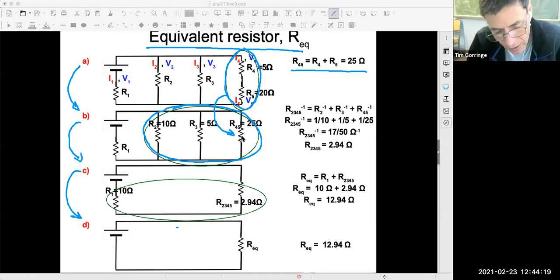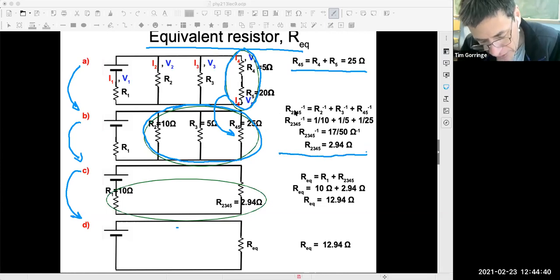And so I said I could replace R2, R3, R4,5 with a single equivalent resistor based on the laws for parallel resistors. And so that was my calculation over here on the right.